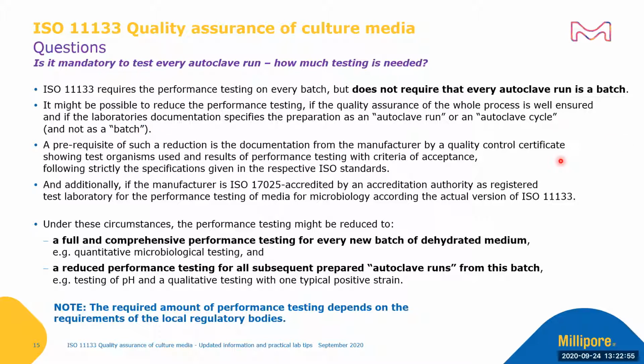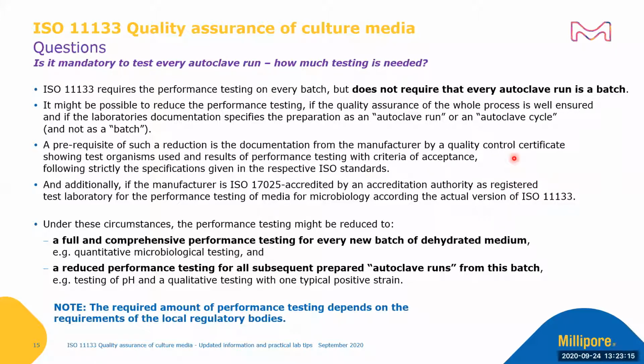A prerequisite of such a reduction is the documentation from the manufacturer by a quality control certificate showing test organisms used and results of performance testing with criteria of acceptance following strictly the specifications given in the respective ISO standards.